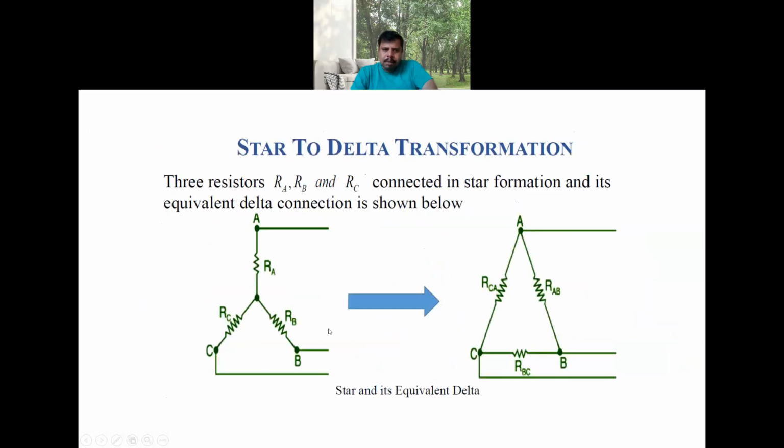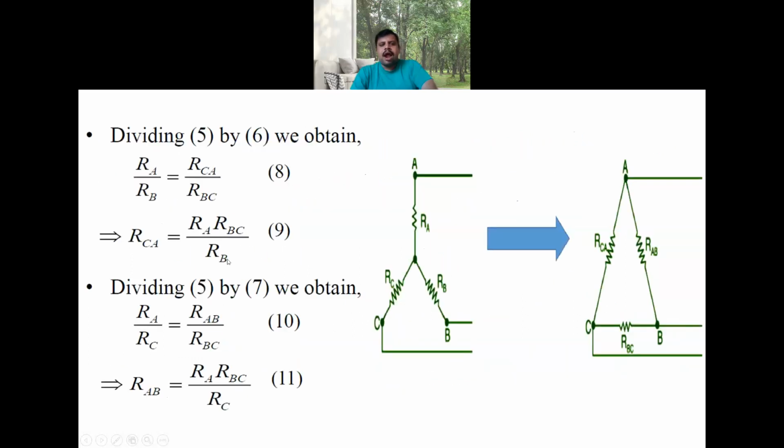Now, from these divisions, we can write that RCA is equal to RA times RBC divided by RB. Similarly, if we take 5 by 7, we will get RAB is equal to RA times RBC divided by RC. So these equations are known as the auxiliary equations.